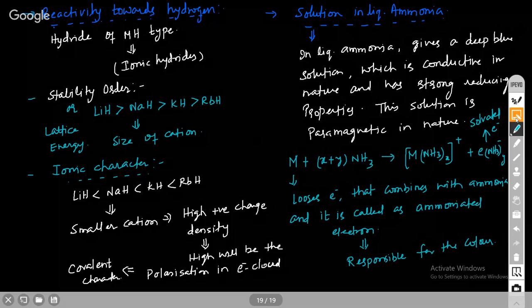So this is important. What color of solution do we get? Blue color. Is the solution diamagnetic or paramagnetic? Paramagnetic. What is an ammoniated electron? Ammoniated electrons are those electrons which come out from the metal and combine with ammonia in the liquid ammonia solution, and these electrons are responsible for the blue color of the solution.